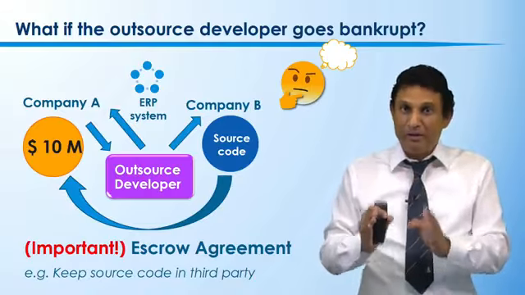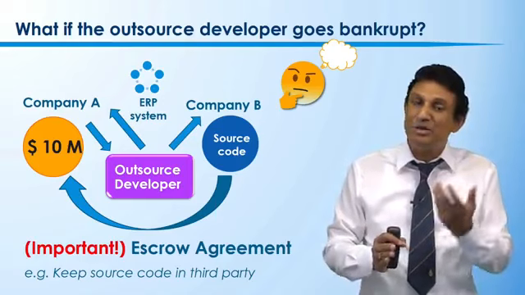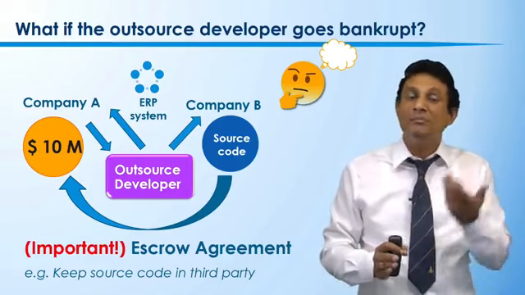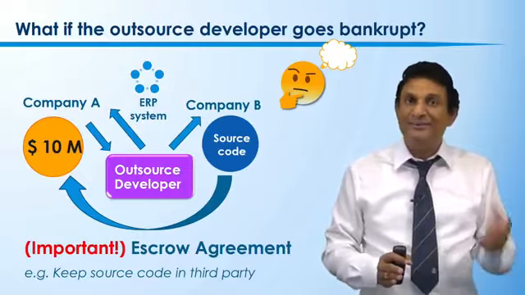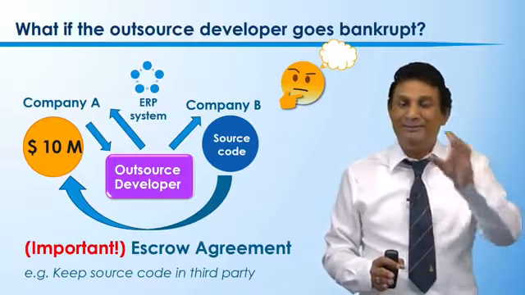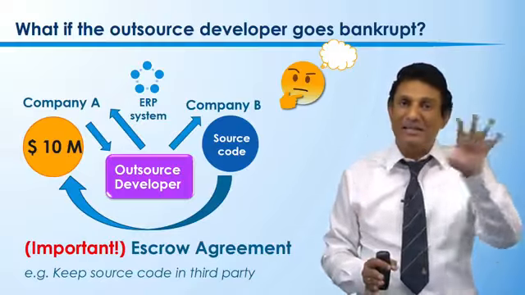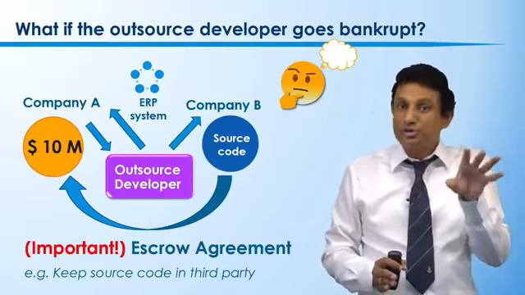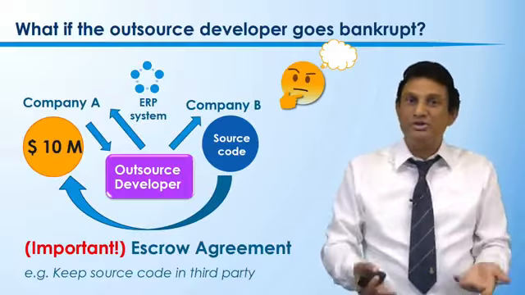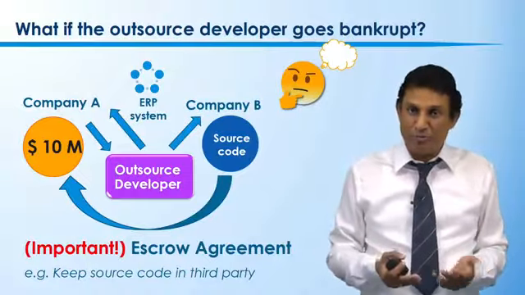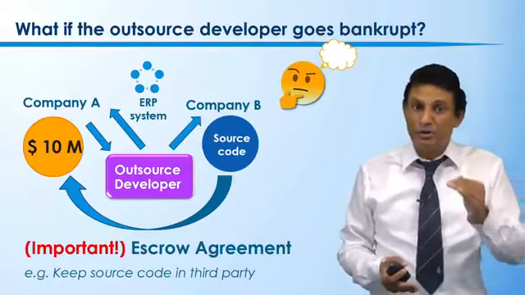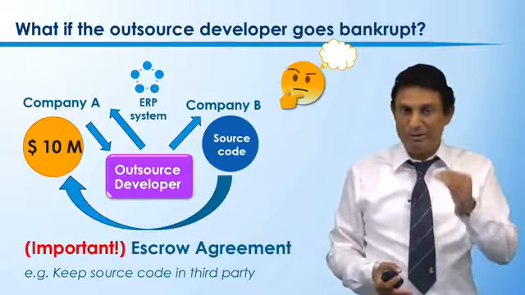If the developer is not able to continue helping with the maintenance for your organization, then according to the agreement, the third party releases the source code to your company so that you can continue the maintenance by yourself. That is what we call a software escrow agreement. That's something to be very careful about, and you need to consider it in system development.